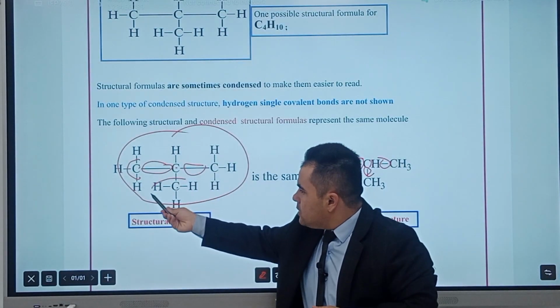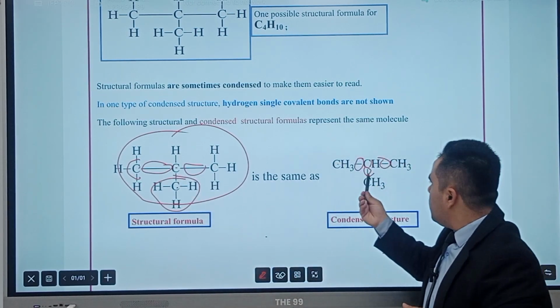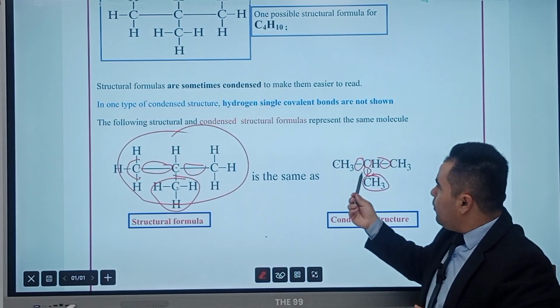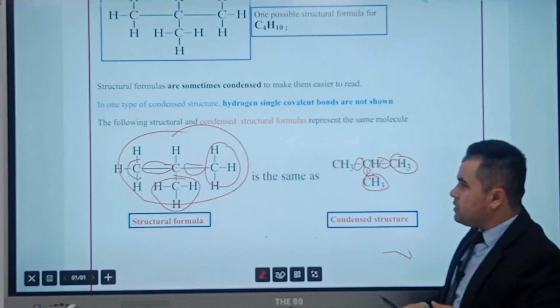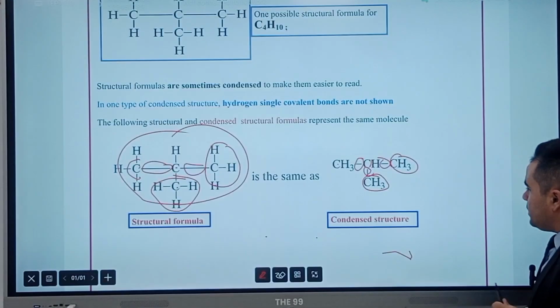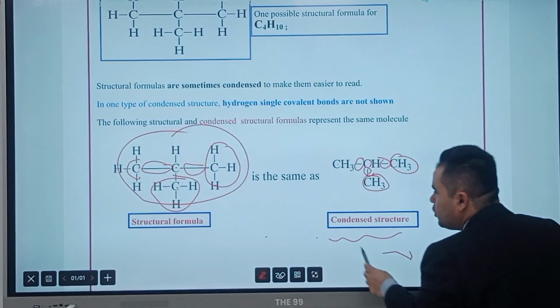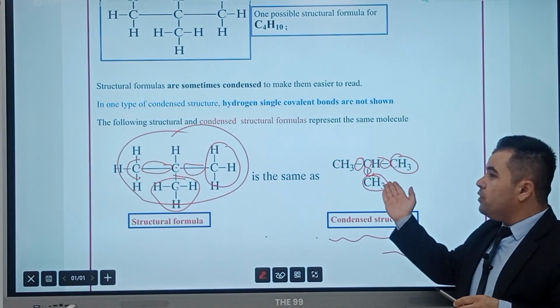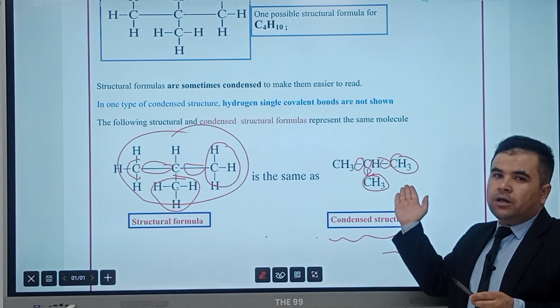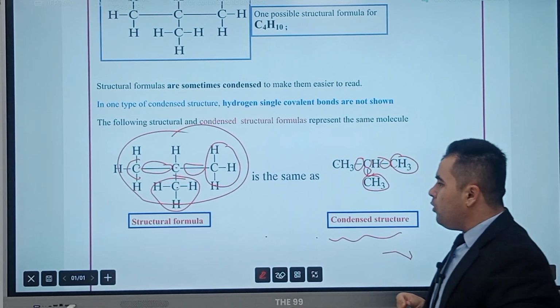This carbon's CH3, the bonding of carbon to other elements is eliminated, and this is the condensed structural formula. We prefer and deal mainly with this condensed form in section 3 and section 4.